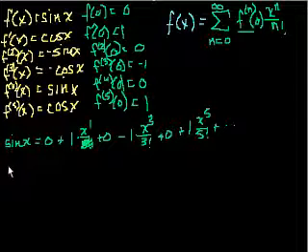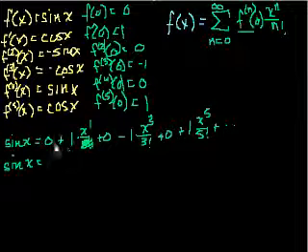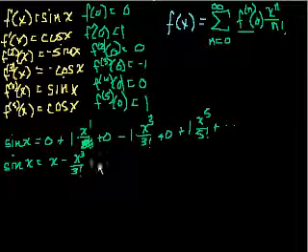Let me rewrite it. Sine of x is equal to x minus x to the third over 3 factorial plus x to the fifth over 5 factorial.